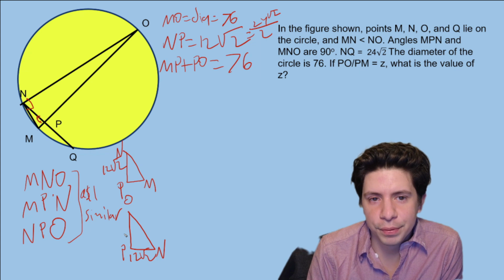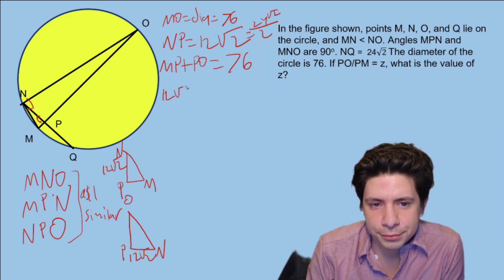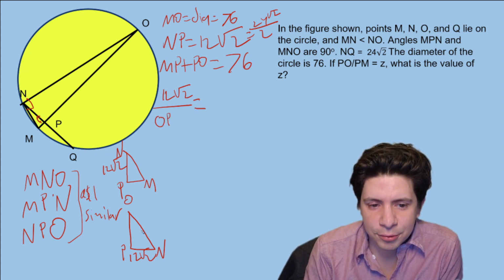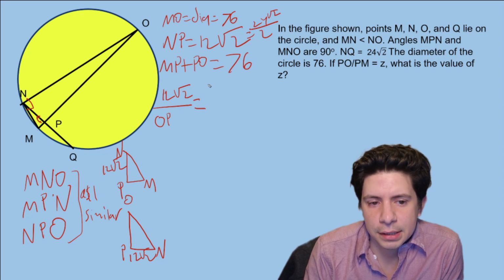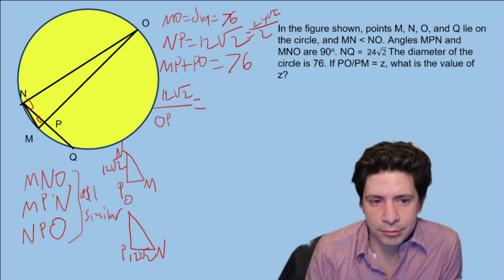And we're looking for OP and PM, so we can set up a proportion, 12 root 2 over OP equals PM, right? Because that's corresponding with the PN.